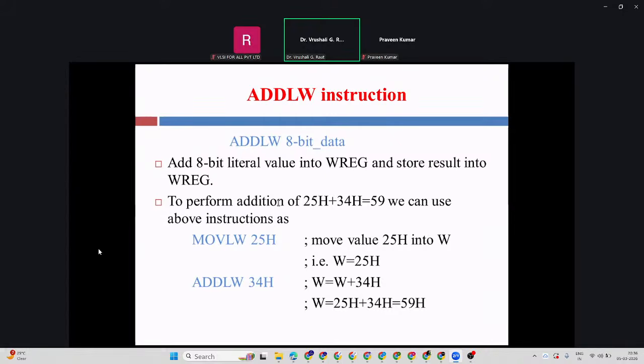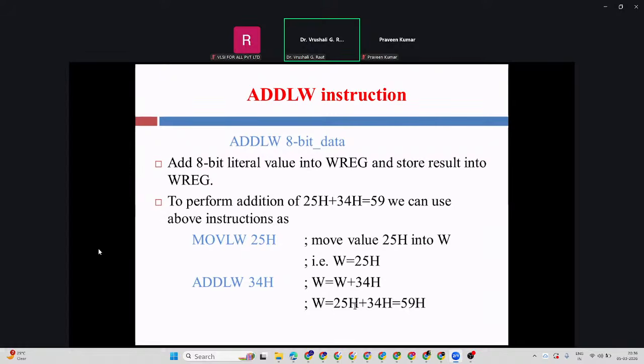To perform addition, for example, we'll go for these two instructions. MOVLW 25H: what are we moving into W? Value 25H. ADDLW 34H means that to the 25 which is in W, 34 will be added.